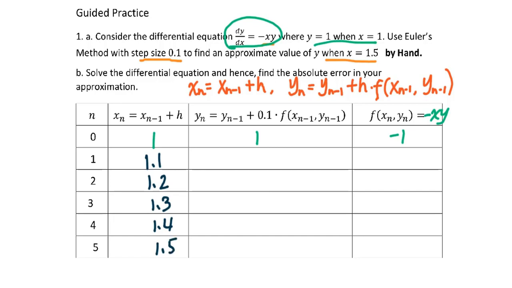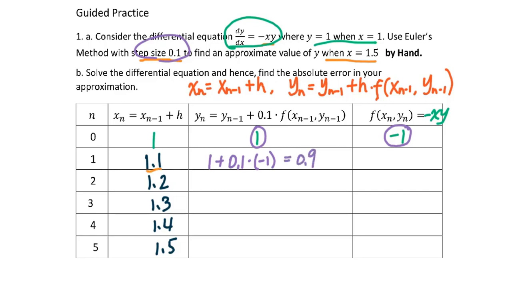For the y part, you will get y sub n minus 1, this is the previous value. Here's 1. So 1 plus 0.1, because the step size is h, times this one, the f of x n minus 1 and y n minus 1. So we multiply by negative 1. You will get 0.9.